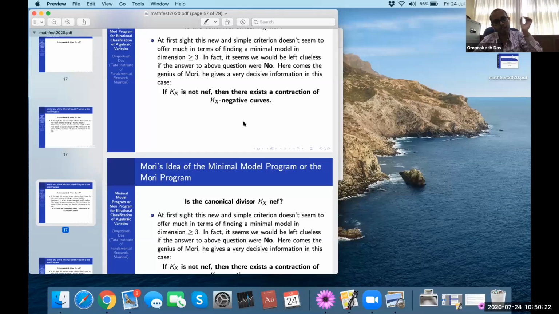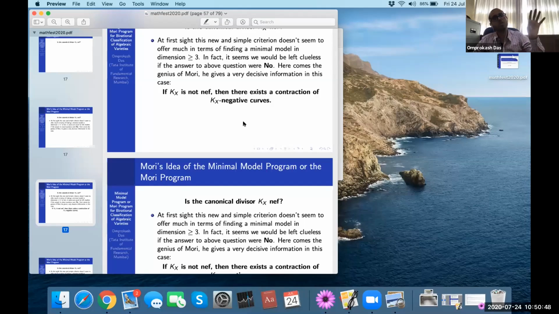Let's call it X tilde. There you look at the Mori cone. The Mori cone will have exactly 2 to the power 6 K_X-negative extremal rays. And what I did not say in my discussion is that Mori's theorem tells you there is a contraction. You do not just contract arbitrary things. You contract the K_X-negative extremal rays of the Mori cone. That is the only type of contraction that you will do.